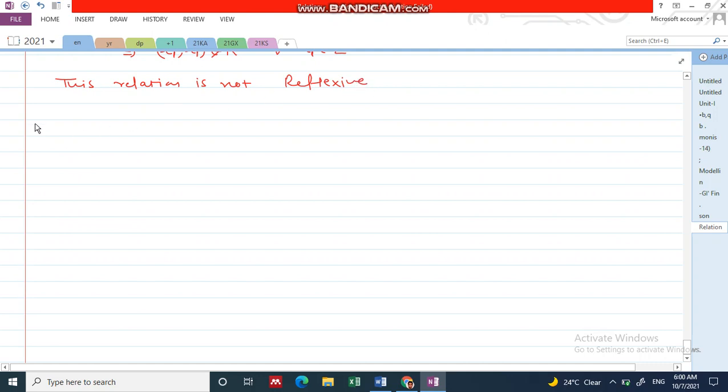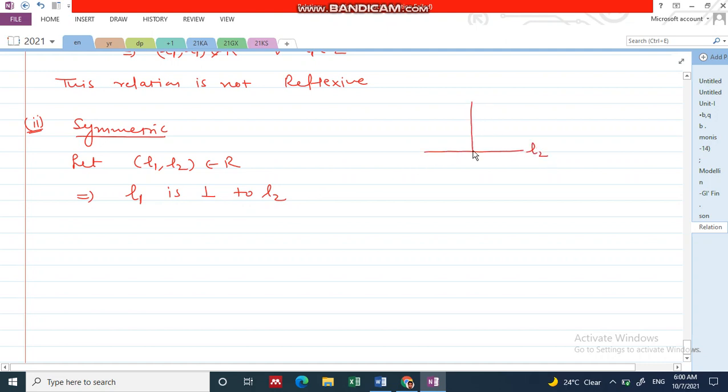Number two, symmetric. To prove that any relation is symmetric, what do we do? We let (L1, L2) belong to R. What does it mean? It means that L1 is perpendicular to L2. You see, this is the situation. Suppose that this is L2 and this is L1.